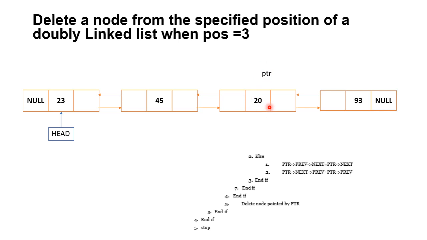So pointer reaches here. Now you have to change this particular value and this particular value. So pointer's previous node's next value is equal to pointer next, and pointer's next node's previous value equals pointer previous. By assigning these two values, you can simply delete the node from the doubly linked list.